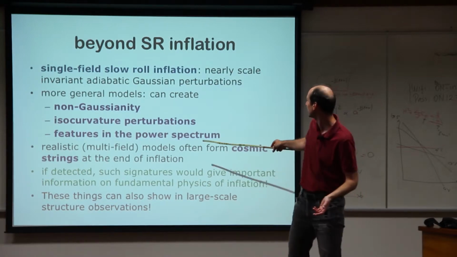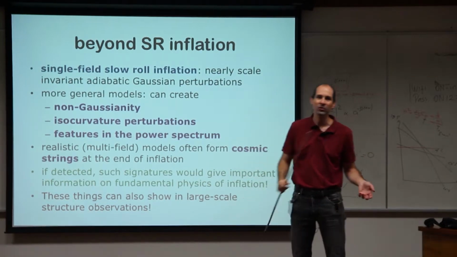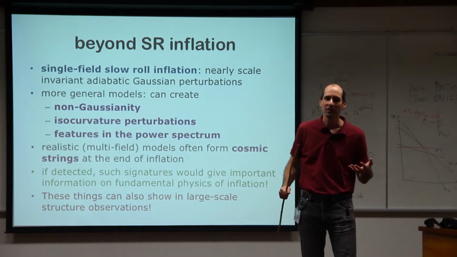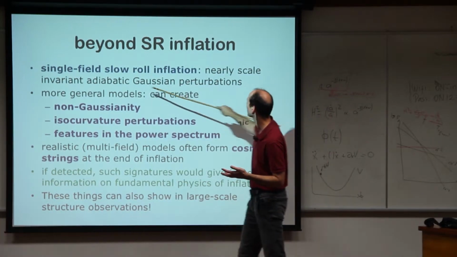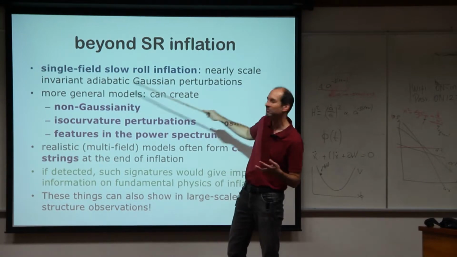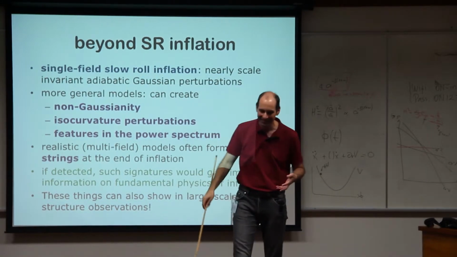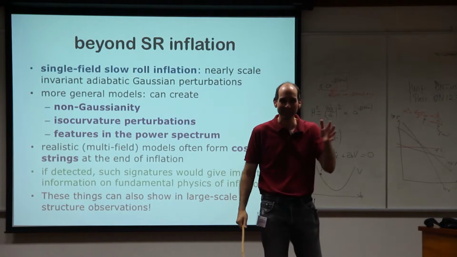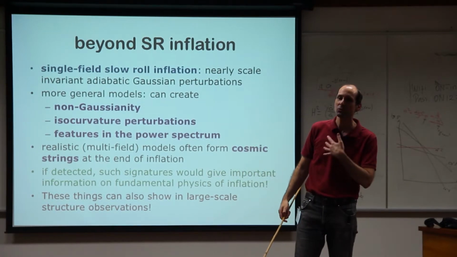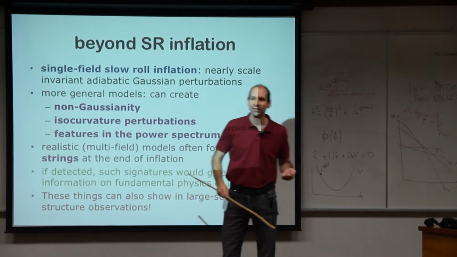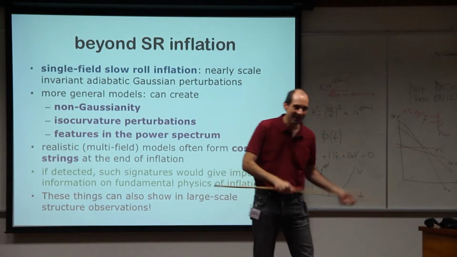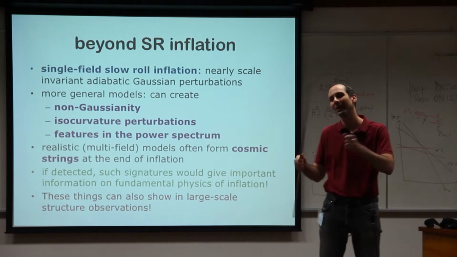It's exactly the same with non-Gaussianity, because multi-field models are models that break any of these statements: single field slow roll with standard reheating. If you break any of them, you typically generate non-Gaussianity. If you don't see the non-Gaussianity, that rules out the models that produce too much of it.